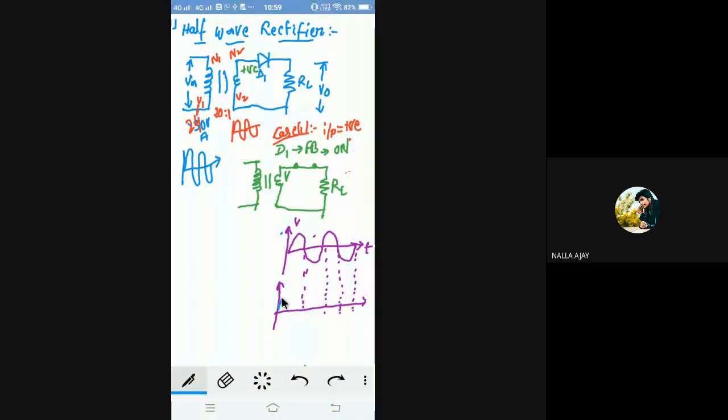Now let us consider case 2. In case 2, let us consider I am giving an input equal to the negative half cycle. In place of a positive, now I am giving a negative half cycle.